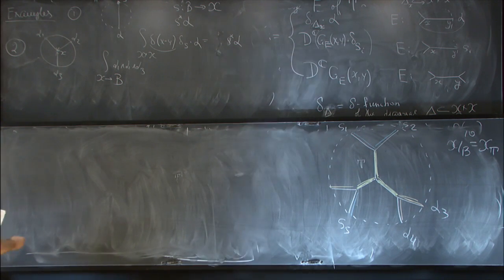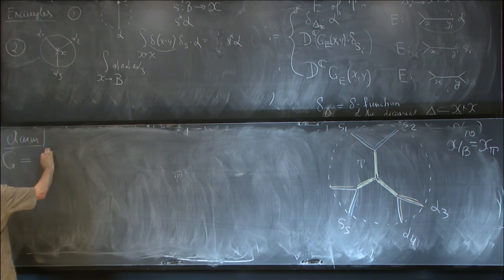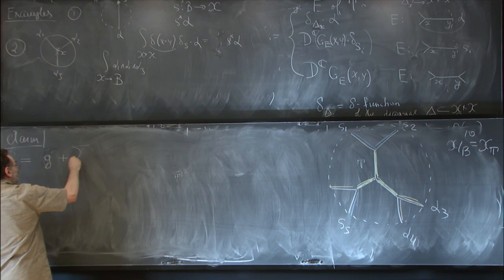Now, the claim is that we always get the form G in this form. We get something, I can call it, G plus the following sum.